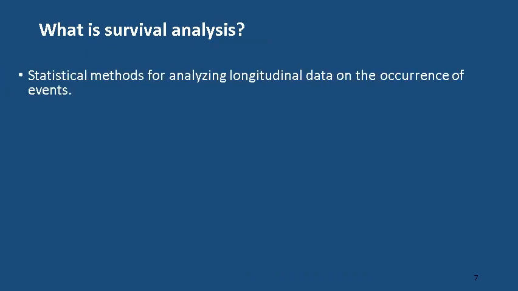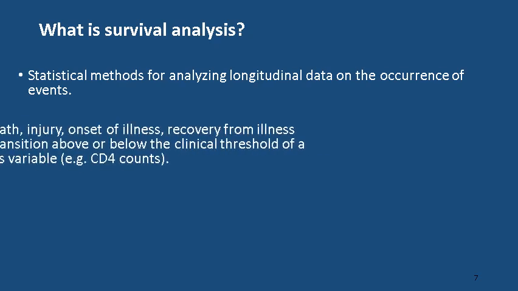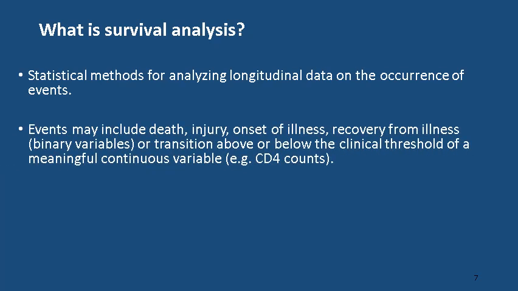What is survival analysis? Survival analysis includes statistical methods for analyzing longitudinal data on the occurrence of events. Events may include death, injury, onset of illness, or recovery from illness.